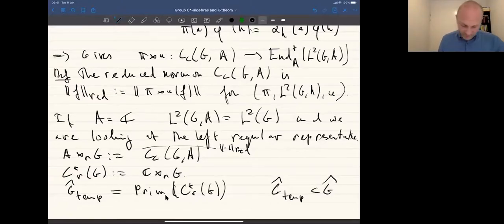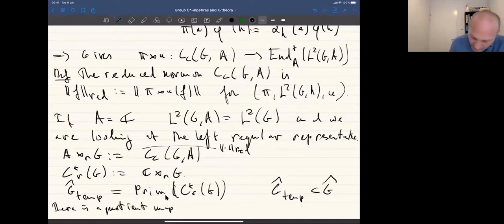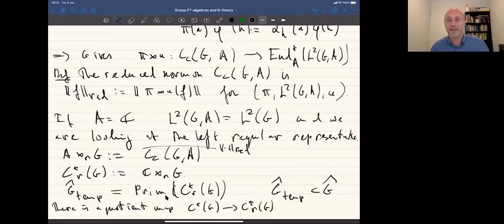This is related to a quotient map from the full C-star algebra to the reduced C-star algebra, extending the identity. And this also works on cross products. Maybe I'll say a little more about that tomorrow, because I think this is an important point.